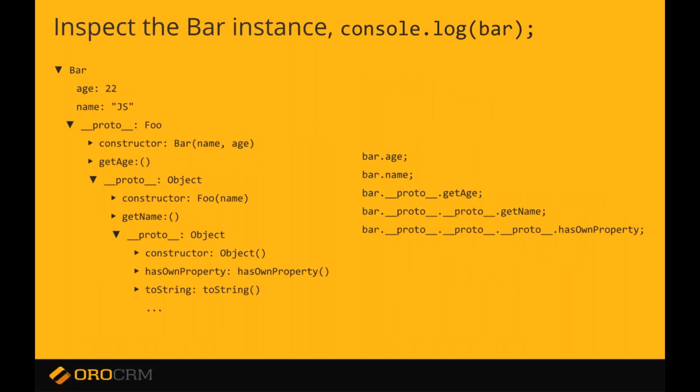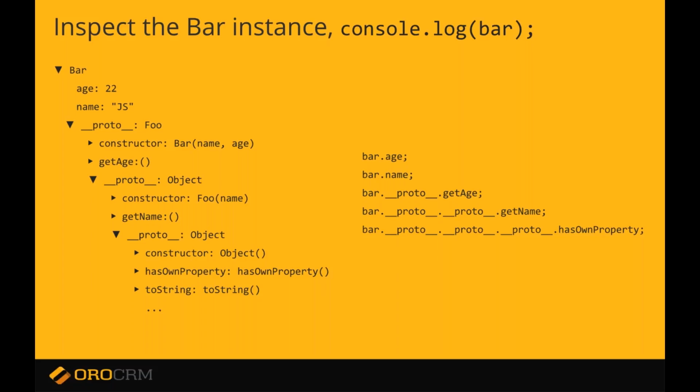Okay. And if we inspect the instance of bar, we will see that the instance is created by constructor bar. It has two own properties, age and name, on the left side of it. It has the magic property __proto__ that is a reference to the object that is created by constructor foo. That object has two methods, constructor and get age.